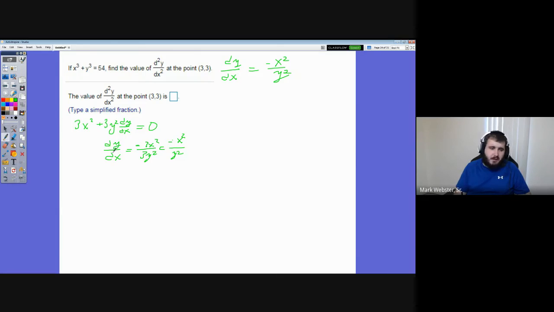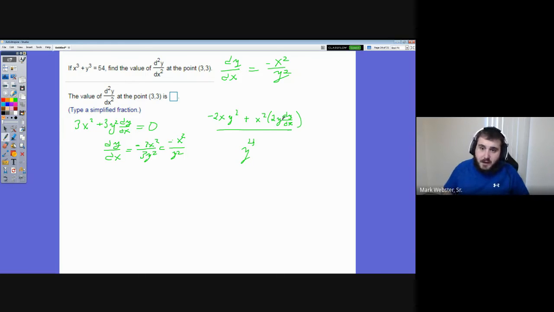So now, once again, take the time to take the derivative again, so you get d squared y over dx squared. Low d high, minus high d low, over low squared.